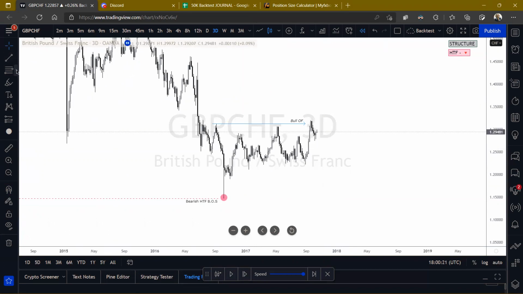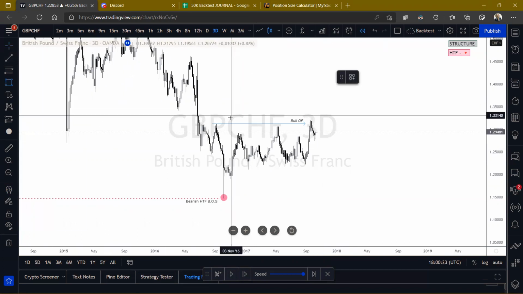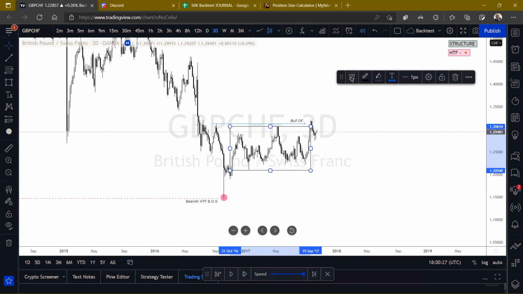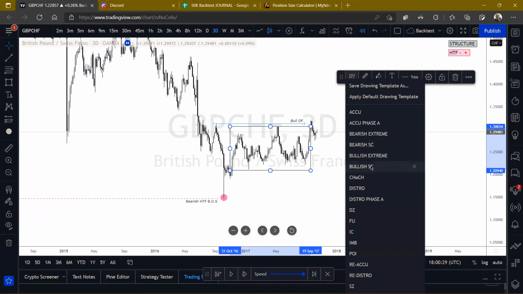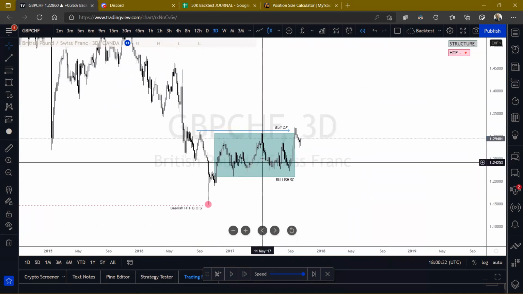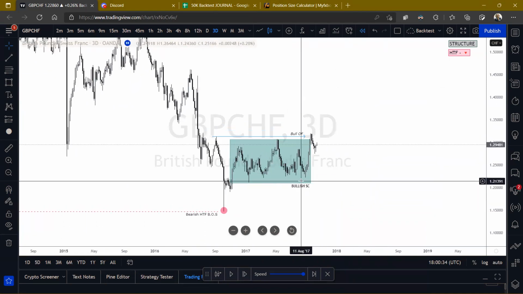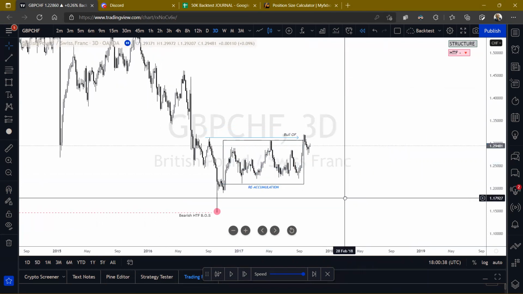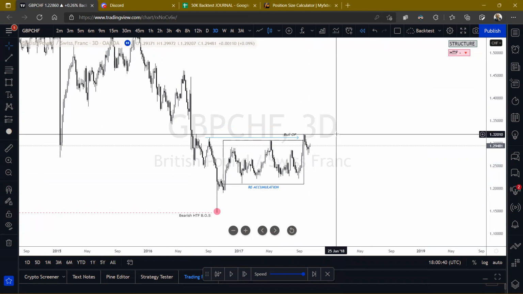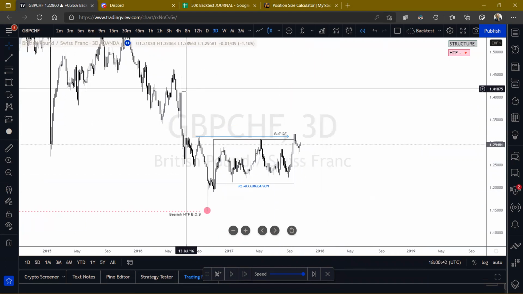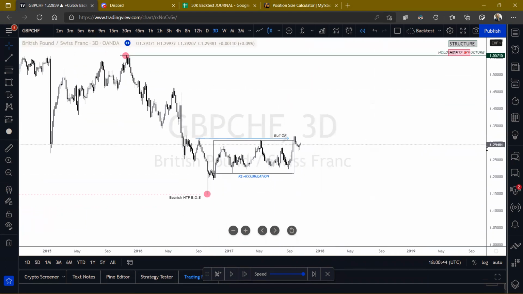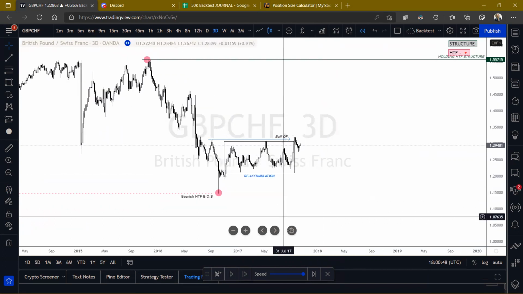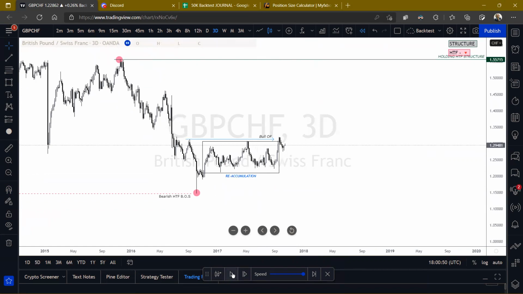We can see this is our reaccumulation to cause that bullish order flow here. We're still trading into bearish structure, so for us to take anything, we're going to wait.